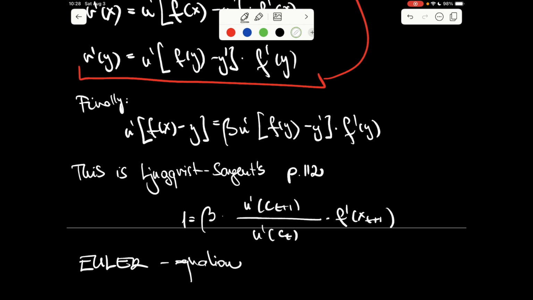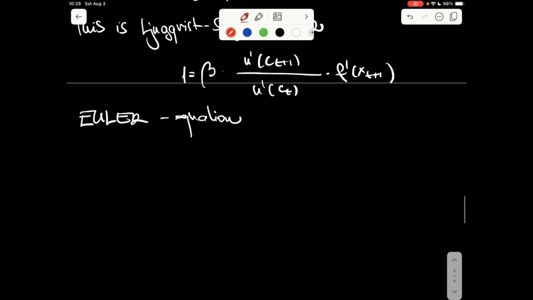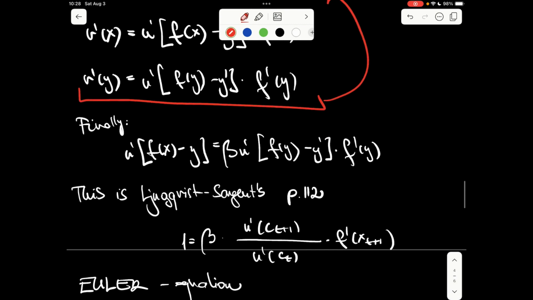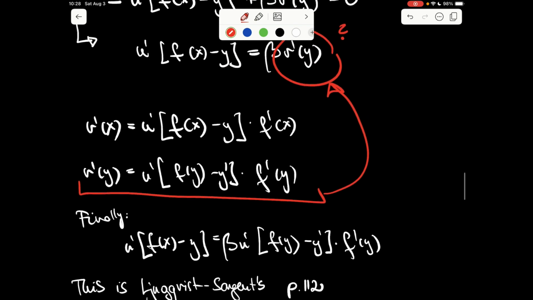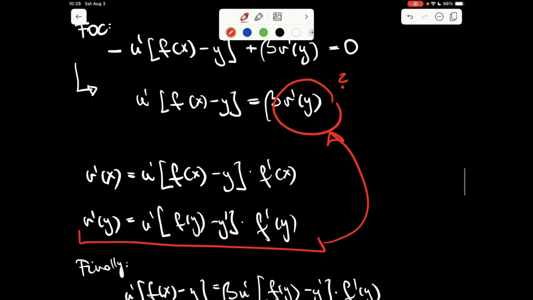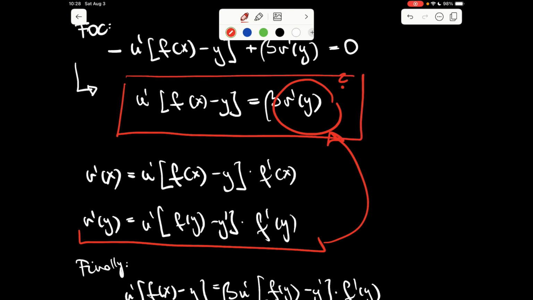Another method to find the optimum solution is a graphical approach, because we can draw a figure on the basis of this first order condition.